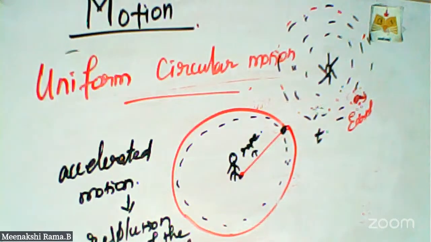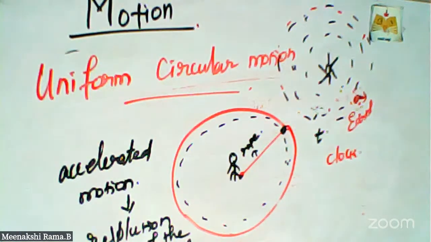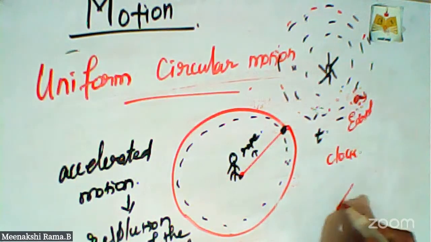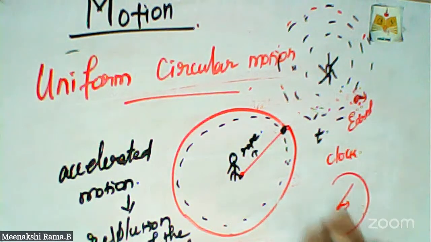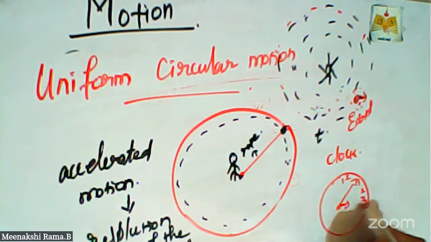Another example is a clock. In a wall clock, there are two hands. One is the hour hand, another is the minute hand.